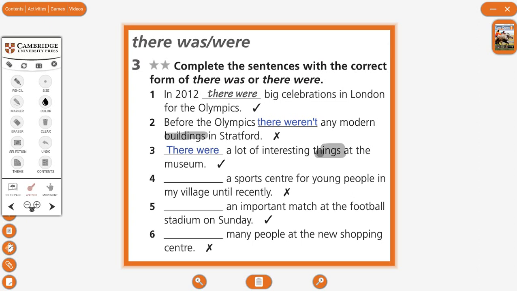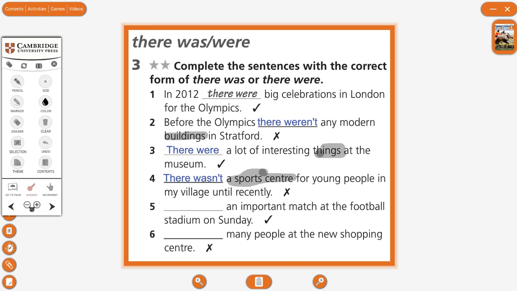A sports center is a singular noun, so we have to say there was. There wasn't, sorry, our sentence is in negative statements, so we have to say there wasn't a sports center for young people in my village until recently.